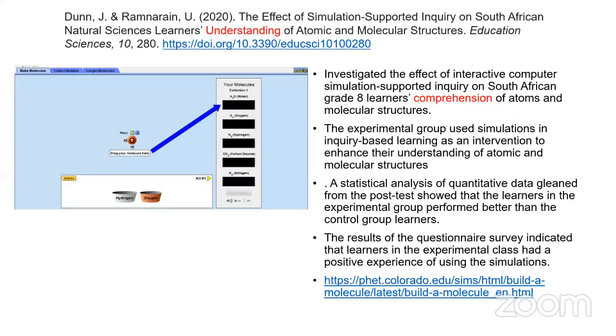They had to construct simple molecules from atoms, recognize the subscript in the molecular formula indicates the number of atoms, recognize the coefficient in front of the molecule indicates the number of molecules, and they were also required to associate common molecular names with multiple representations. So the figure that you have here is a screenshot of this particular simulation, which is called Build a Molecule.